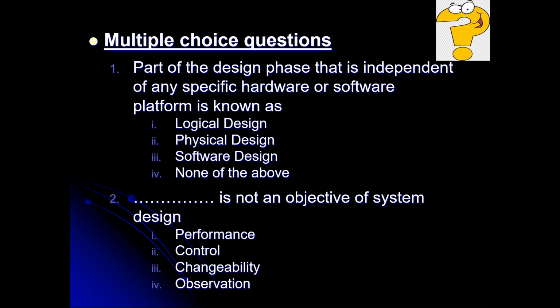So mainly in this video, we have discussed the system designing phase. So after system designing, what is the next phase in SDLC? The fourth phase in SDLC is software development.